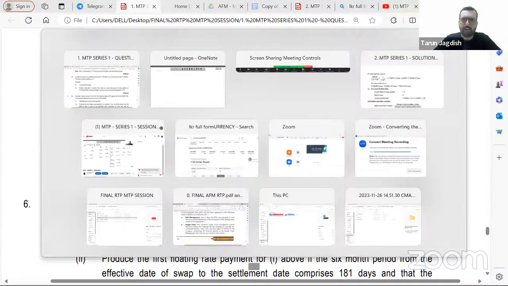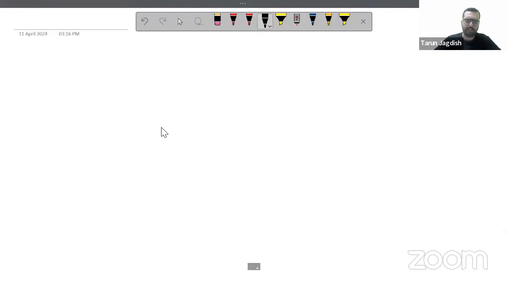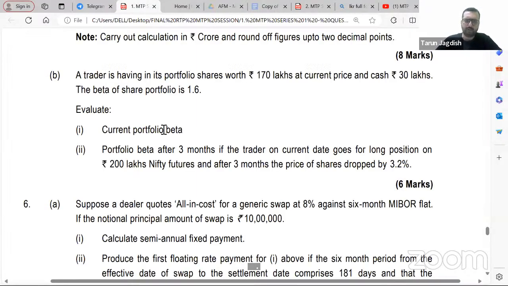I think we got the answer for the current portfolio beta as 1.36. Now they are saying portfolio beta after 3 months, if the trader on the current date goes for a long position on 200 lakh Nifty future, and after 3 months, the price of the share has dropped by 3.2.